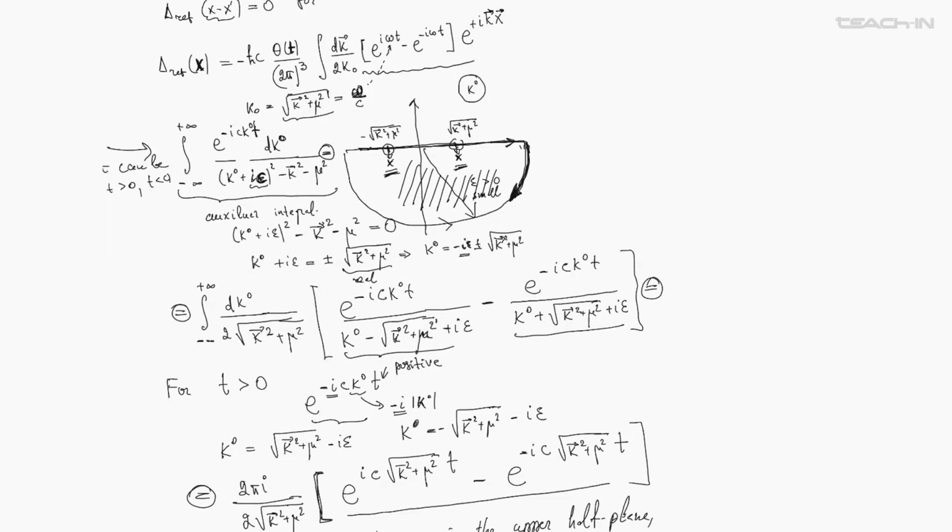If you plug in for omega the square root of k squared plus mu squared multiplied by c, then you will see that you get exactly these two exponentials. And k0 in the denominator, which is the square root of k squared plus mu squared, is exactly this term here.